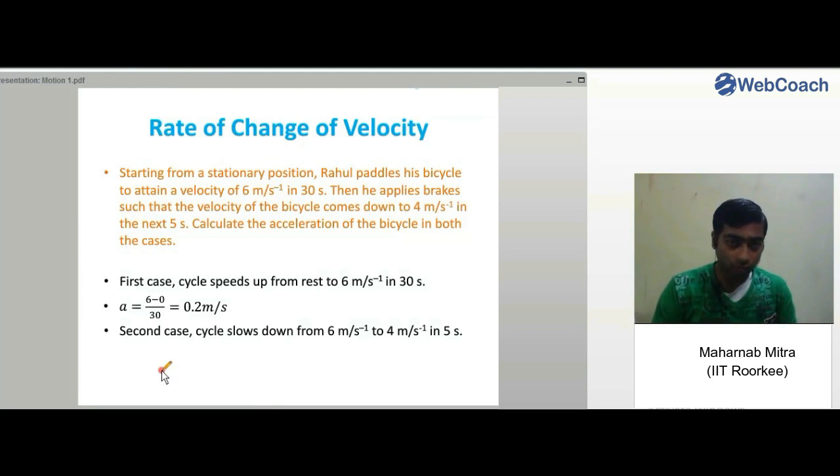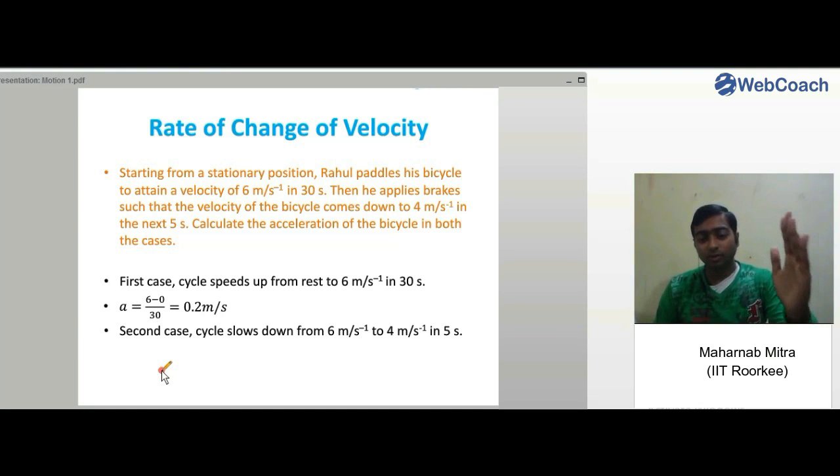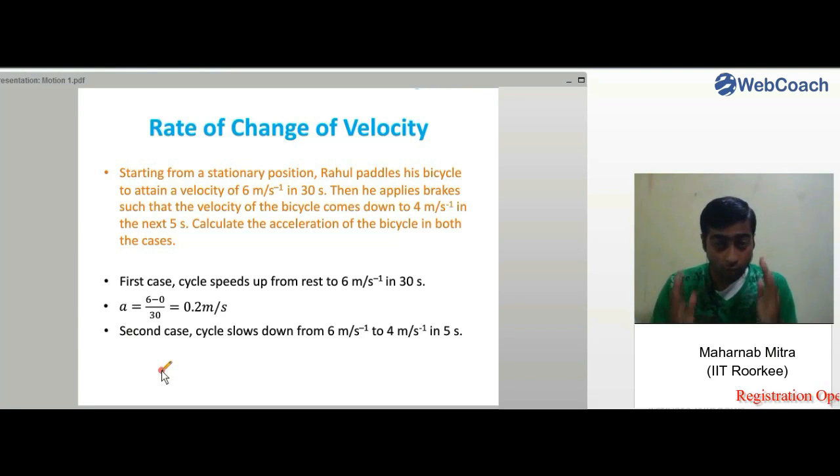For the second case, the cycle slows down from 6 meters per second to 4 meters per second, right? He initially speeded up from 0 meters per second to 6 meters per second, and then he slowed down from 6 meters per second to 4 meters per second.